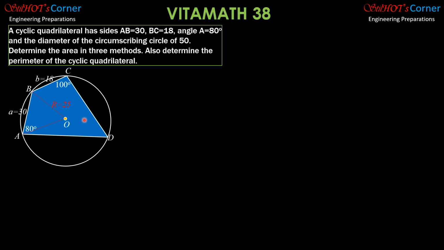And we learned that the opposite angles of a cyclic quadrilateral are supplementary. So if this is 80 degrees, the other angle there is 100 degrees. If you can find angle B, then angle D would be 180 degrees minus angle B, from the preceding Vitamath problem, Vitamath 37. So everything is discussed there.